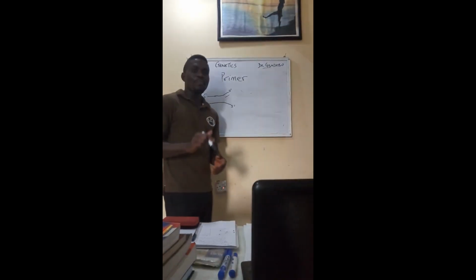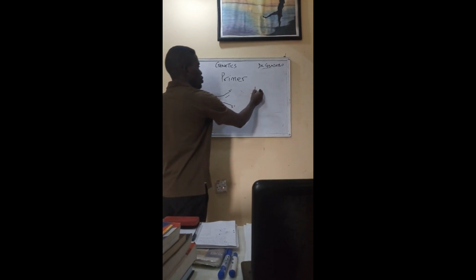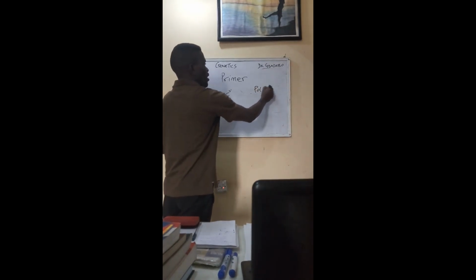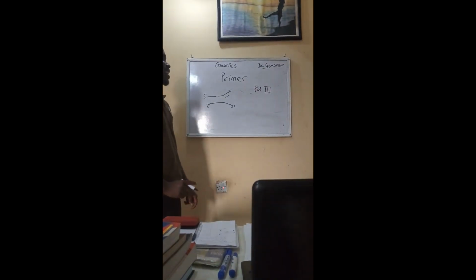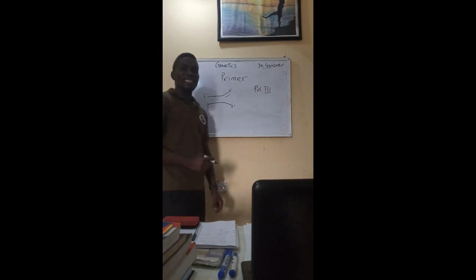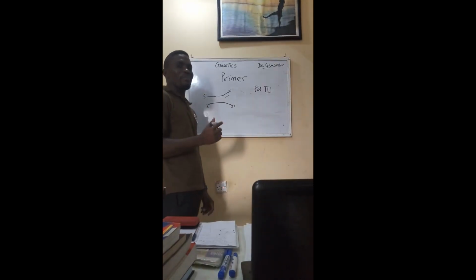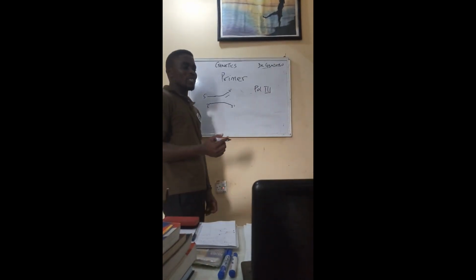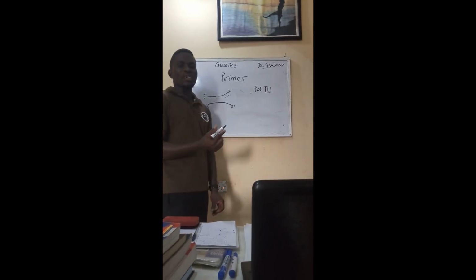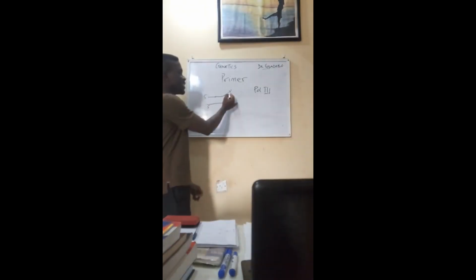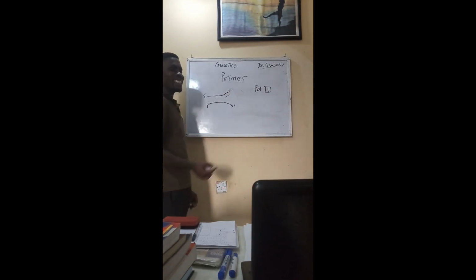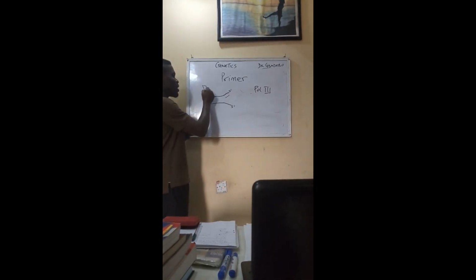Primer. So usually during DNA replication, DNA polymerase 3, POL3, cannot start the process of DNA replication. It lacks the ability to attach free nucleotides to the unwound end of the parent DNA.